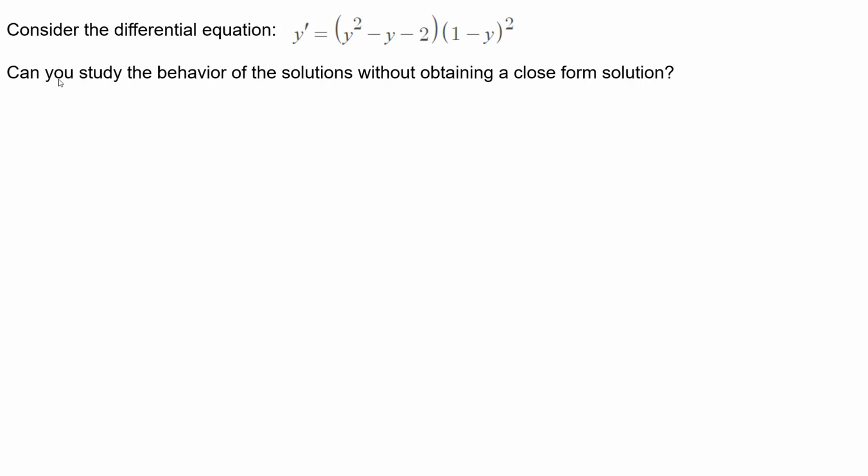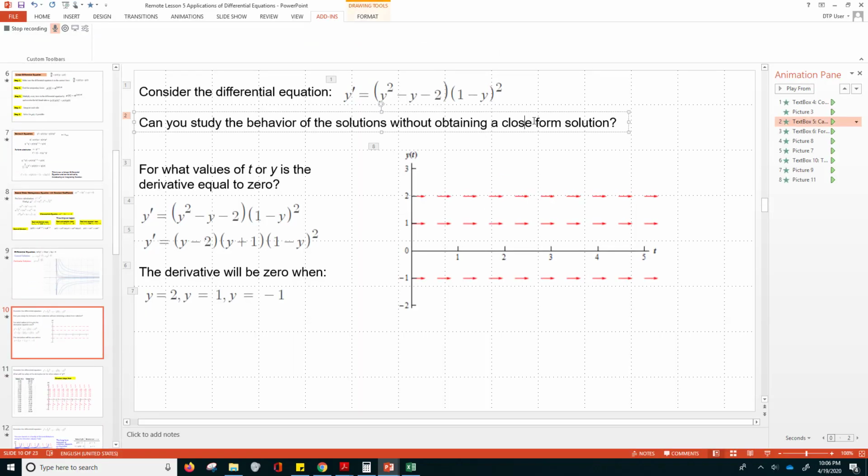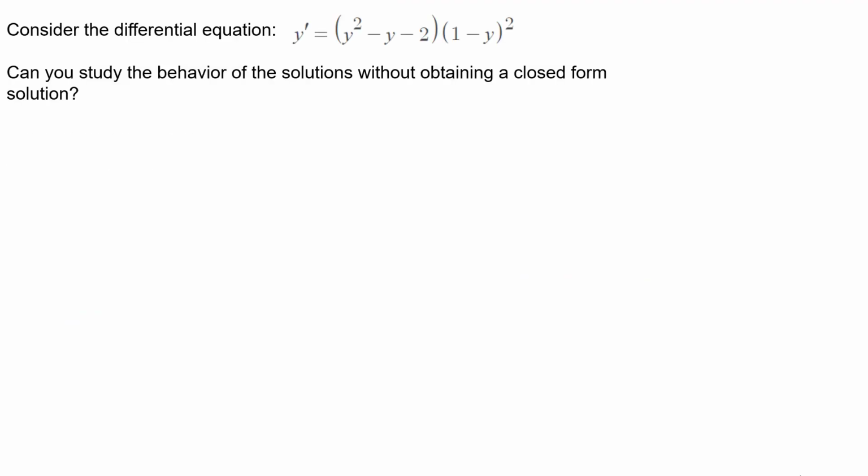So the question is, can you study the behavior of the solutions without obtaining a closed form solution? And the answer is yes, kind of. Okay, so can we describe what the solutions are like without obtaining an algebraic closed form solution?